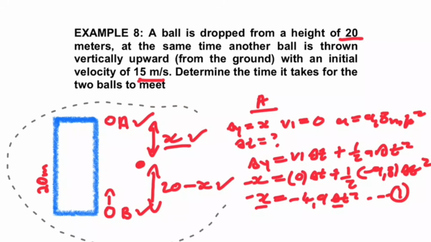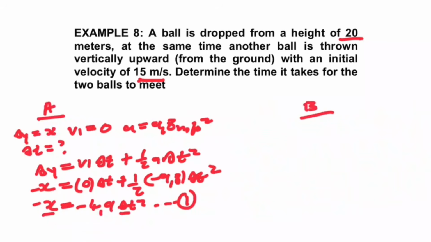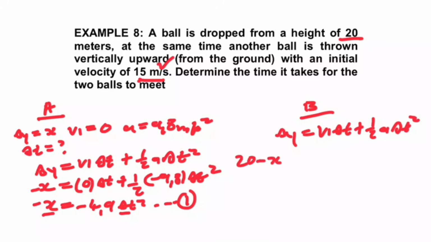Let me just get rid of this. For ball B, we're going to have delta y equal to Vi delta t plus a half acceleration delta t squared. The displacement of ball B, we've already deduced, should be 20 minus x. So 20 minus x will be equal to its initial velocity, which is 15 meters per second, multiplied by delta t, plus a half.